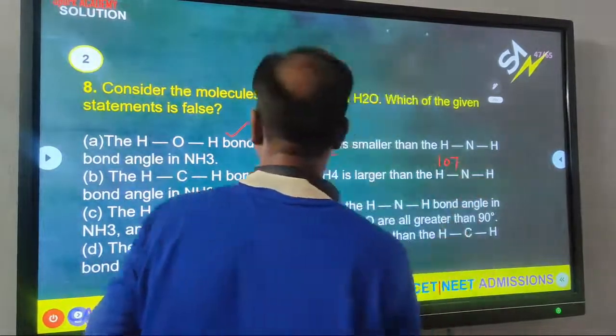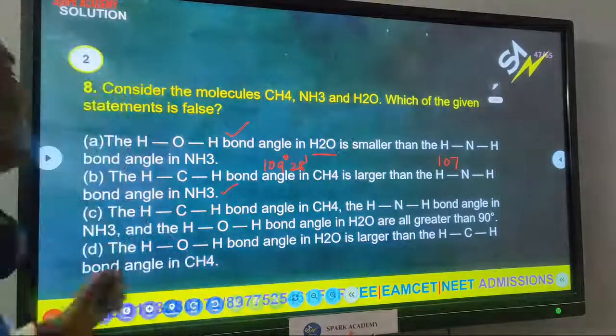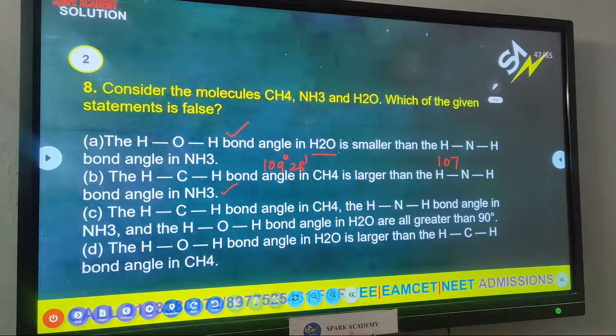So this statement is also true. Now C: the HCH bond angle in CH4, the HNH bond angle in NH3 and the HOH bond angle in H2O are all greater than 90. Yes, the third statement is also true.